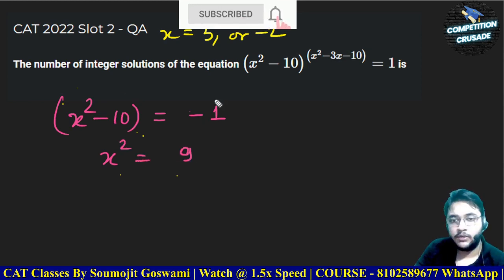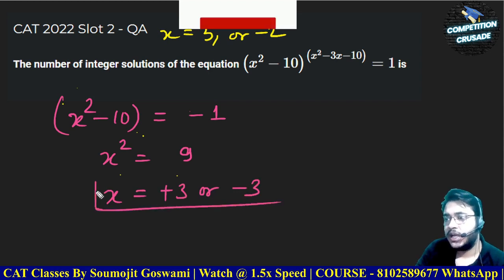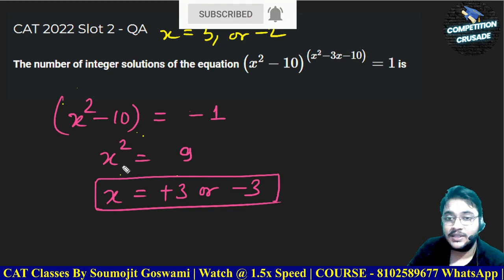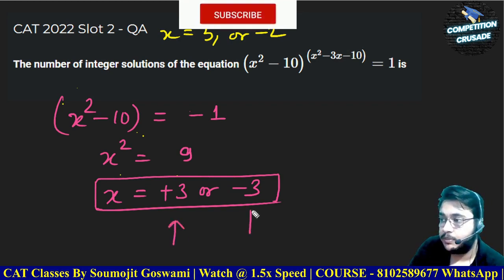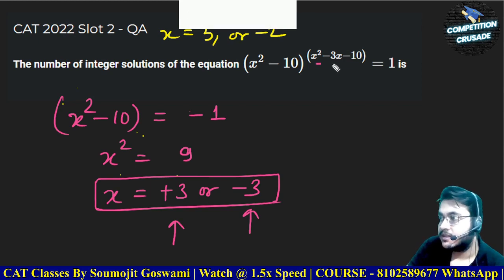I'm directly doing it. 10 goes to RHS, becomes plus 10 minus 1, 9. x will be plus 3 or minus 3. Now we are receiving two values. Now this is not it. You have to check by putting whether plus 3 and minus 3 makes this exponent even.